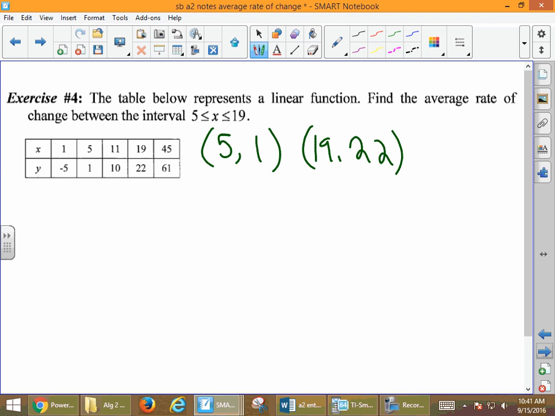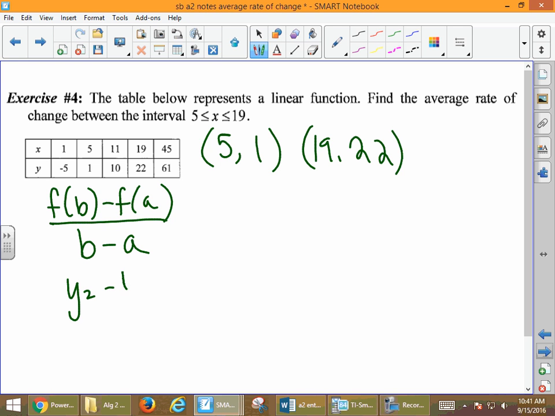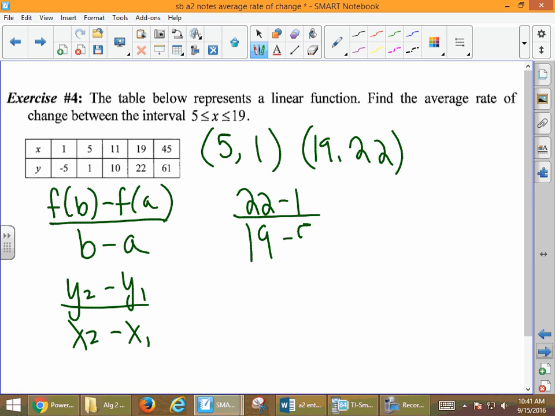When we compute the average rate of change, we simply are computing the slope. So whether you look at it as f of b minus f of a divided by b minus a, or you look at it as y2 minus y1 over x2 minus x1, either way, the computation is the same. 22 minus 1 over 19 minus 5. 22 minus 1 is 21. 19 minus 5 is 14.